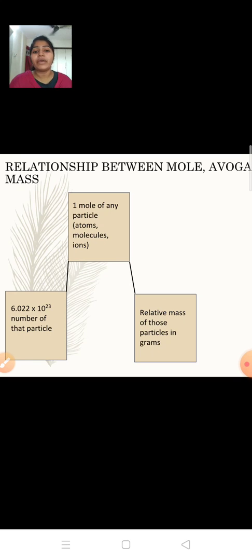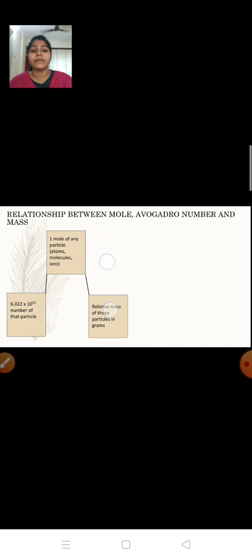So 1 mole of any particle, the particle can be an atom, a molecule, or an ion, forms a bridge between mass, that is atomic mass or molecular mass or formula unit mass in gram, and the quantity, that is 6.022 into 10 raised to 23 number of that particle. So this is the relationship between mole, Avogadro number and mass.